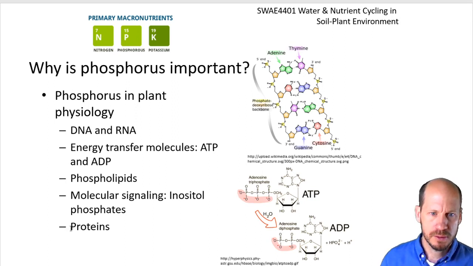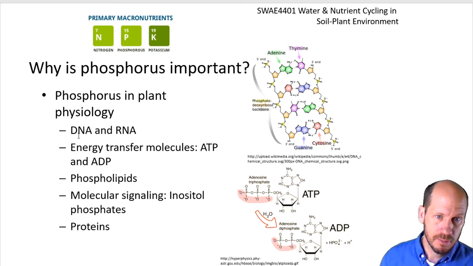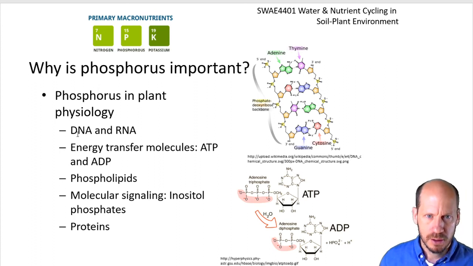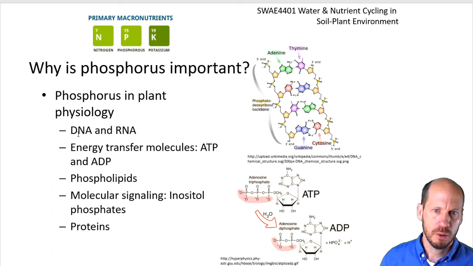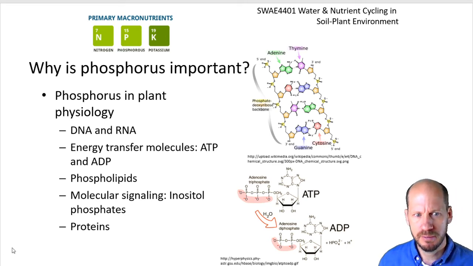And also there are many proteins, especially in eukaryotes, that are phosphorylated. So the role of phosphate is a lot more complex than the role of nitrogen. And we will talk about this again when we have our lecture about phosphorus. But just as an introductory subject, just mentioning what are the things that these nutrients are doing inside the plant physiology.